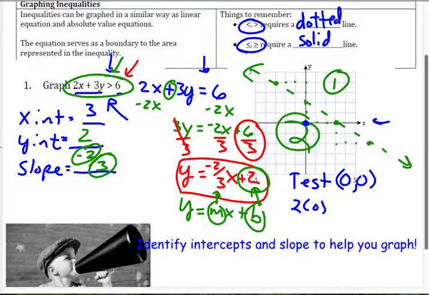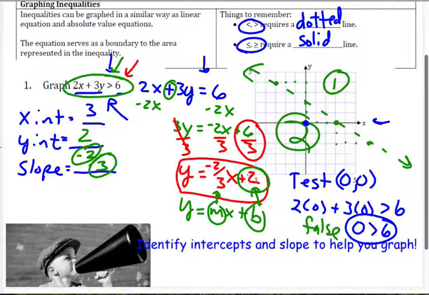2 times 0 plus 3 times 0 is greater than 6. Well, 0 times anything is 0. 0 plus 0 is 0. Is 0 greater than 6? This is false. So that means (0, 0) is not a solution.